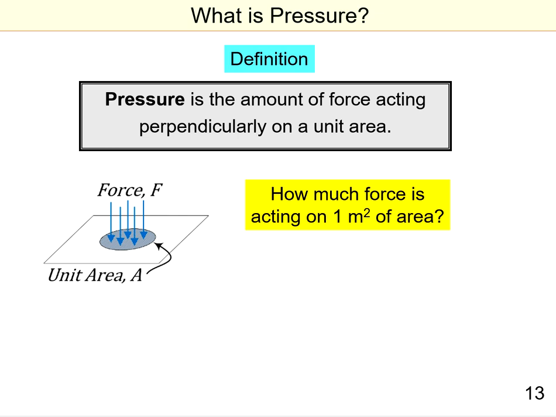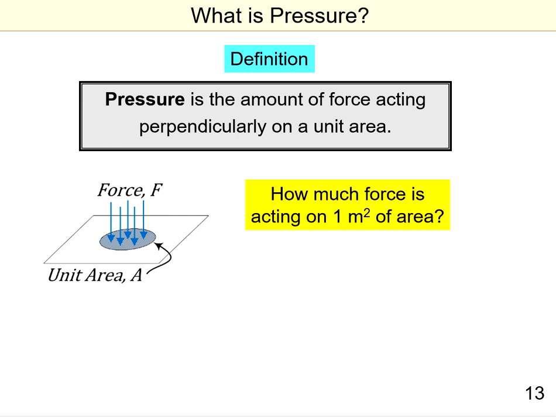So let's take a look at the formal definition of pressure. Remember, if you are asked to define a physics quantity or a science quantity, it is important to give a formal scientific explanation of that term. Most science terms have a formal definition. We are not asking for examples, we are not asking for a description.